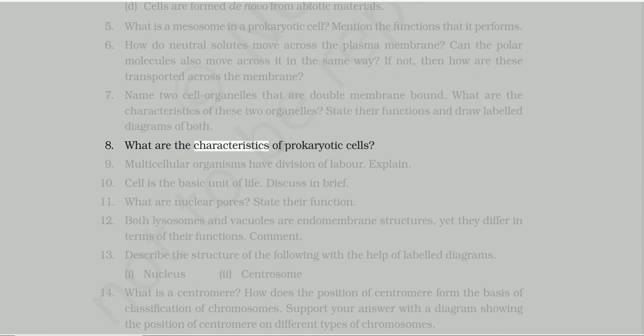8. What are the characteristics of prokaryotic cells? 9. Multicellular organisms have division of labor. Explain. 10. Cell is the basic unit of life. Discuss in brief. 11. What are nuclear pores? State their function. 12. Both lysosomes and vacuoles are endomembrane structures, yet they differ in terms of their functions.